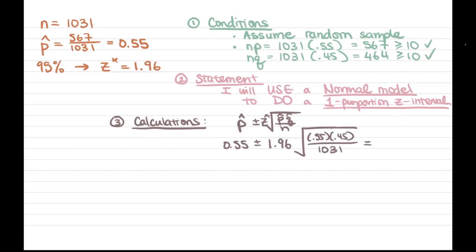In the interest of time, I already did this. So the bottom number, if you were to subtract, we would get 0.521. And the top number, if we were to add, we get 0.579. And that is our interval.